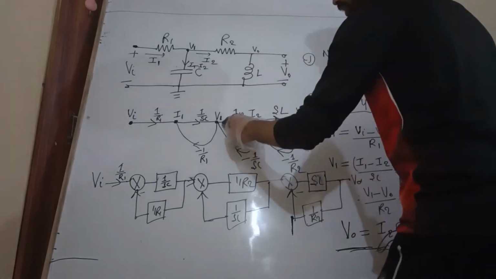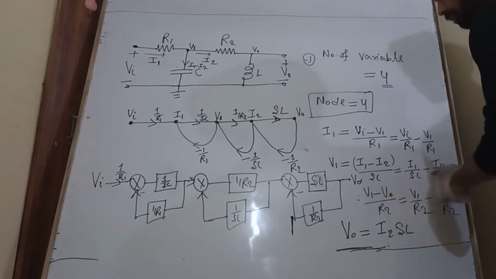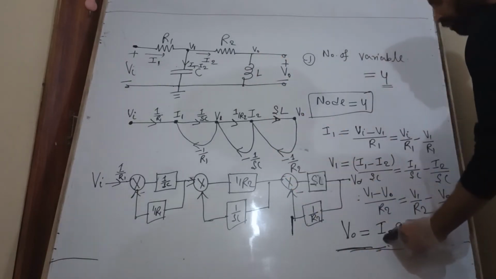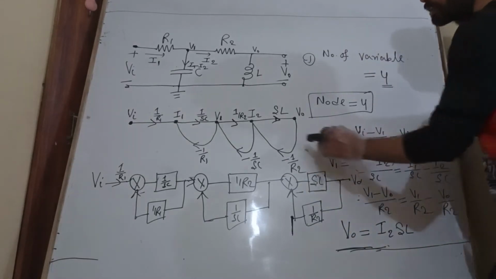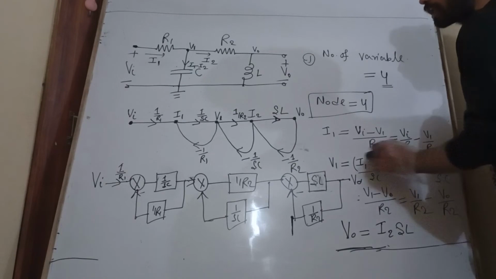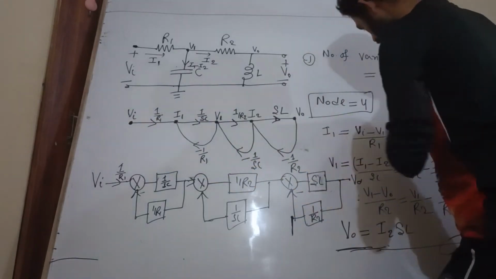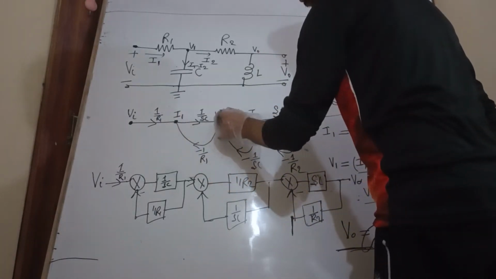Next, v1 is equal to (I1 minus I2) by sc. Then v0 is equal to I2 sl. After that you have to fill in this signal flow graph from here: vi by r1 minus v1 by r1. So one is forward, one is feedback.